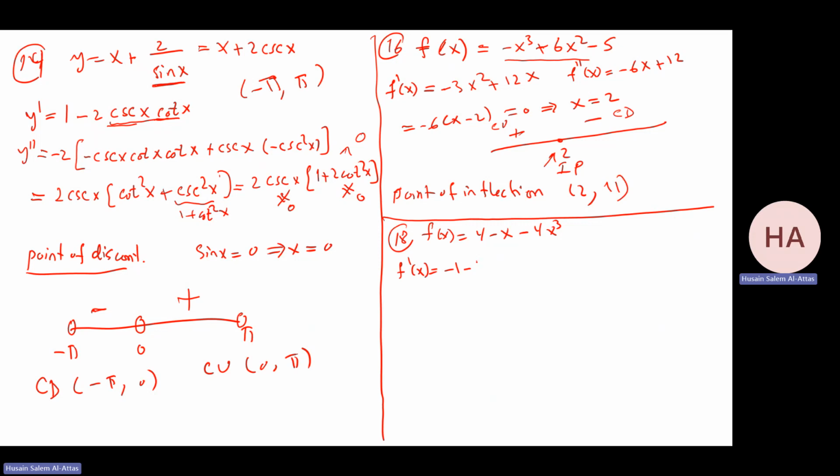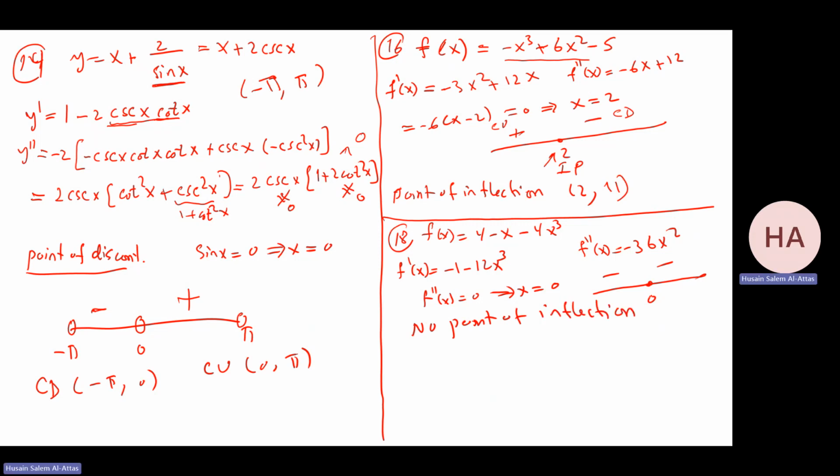That will be minus 1 minus 12x cubed. We'll find f double prime. That will be minus 36x squared. F double prime equals 0. So you have x equals 0. I'll put the 0. That will be negative, negative. So 0, no point of inflection. No change of concavity. 0 is not a point of inflection.